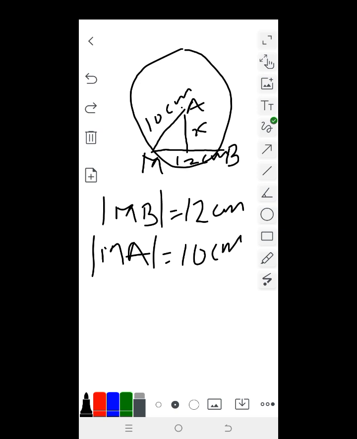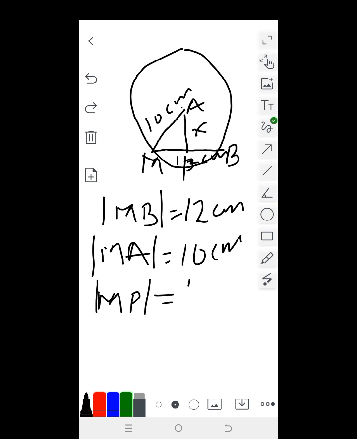And the question is P, the midpoint of the chord. I would name it P. So we have another line MP, PB.